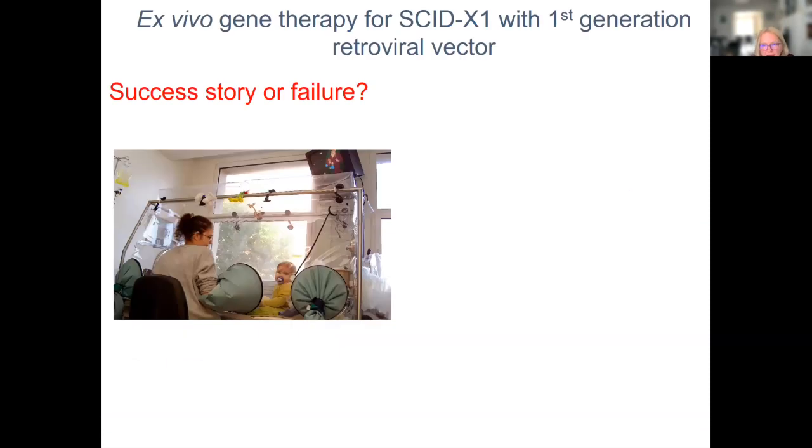I'm just going to tell you another story, and I'll let you judge if this is a success story or a failure. It's a situation that occurred probably close to 15 years or so ago now. It was again an ex vivo gene therapy where children with an immunodeficiency were treated with a first generation vector. And this is important here, first generation vector.